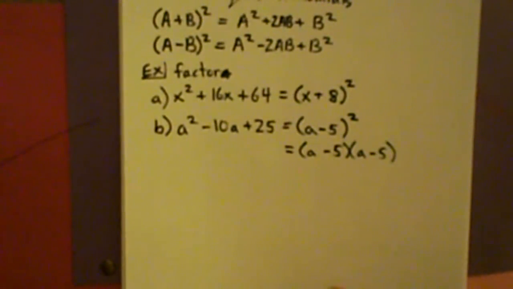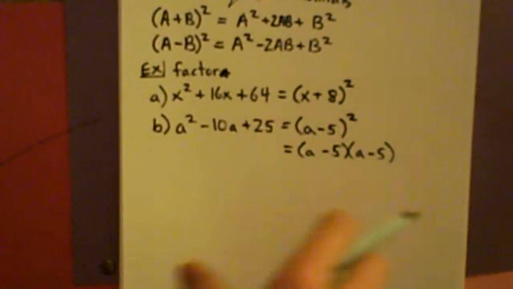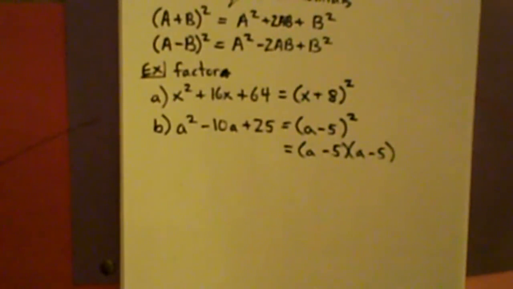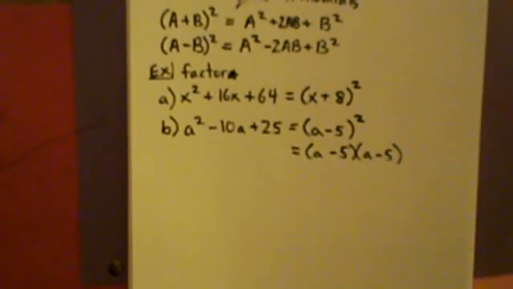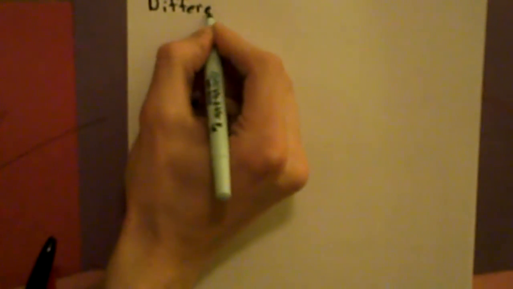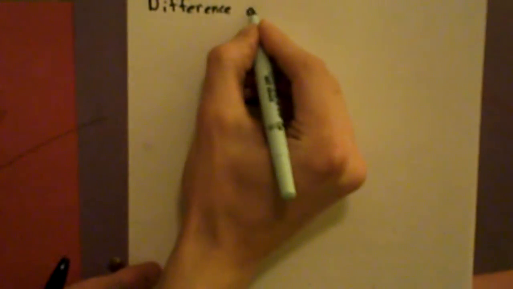Our other type of special trinomials to factor are what we call difference of squares. I'll give you just a second longer to copy that down if you're still looking at it. And we're going to move on to the next one here. Difference of squares.